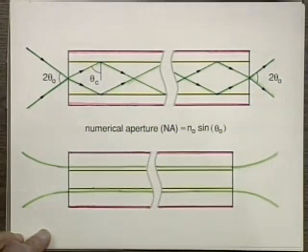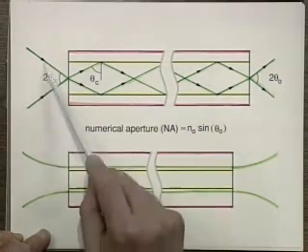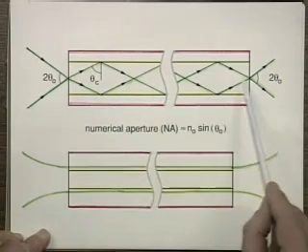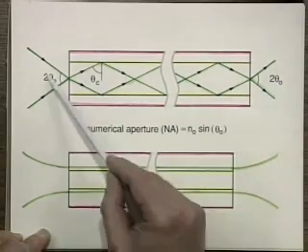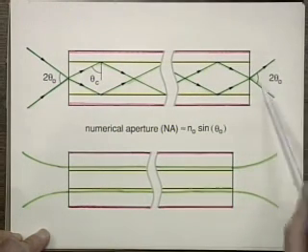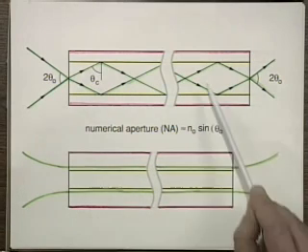All right. So the light within this acceptance cone will propagate within the fiber, and when it comes out, it comes out just like this cone, again with an angle of 2 theta 0. So the light coming out from a fiber expands pretty fast. That's using the ray picture.